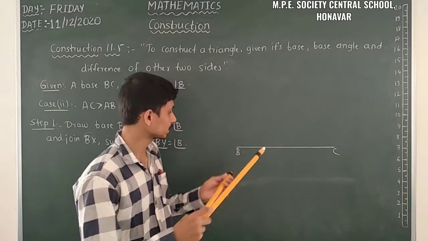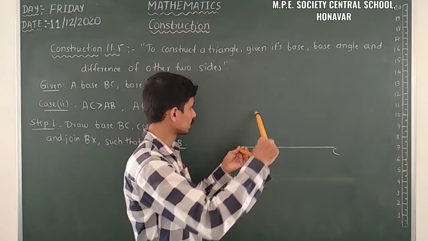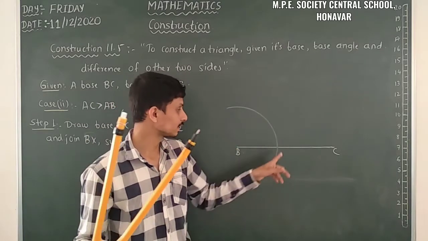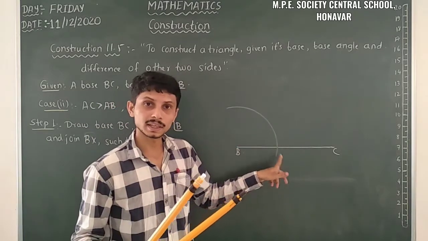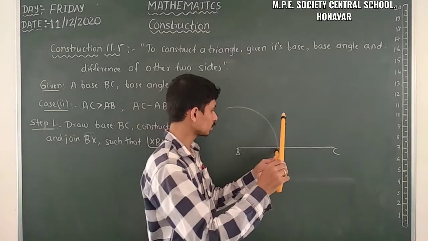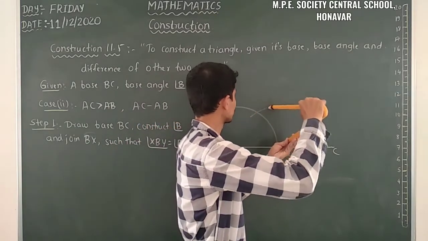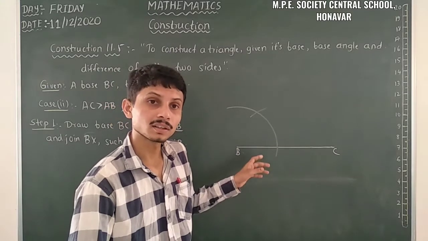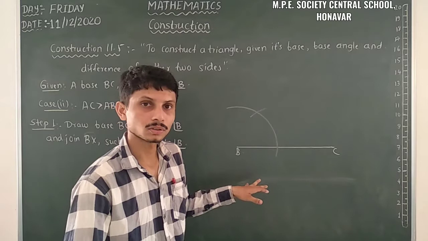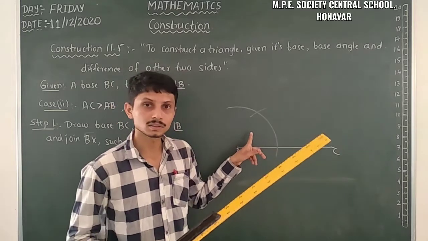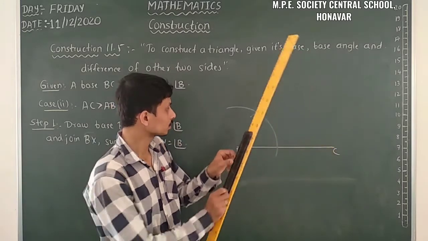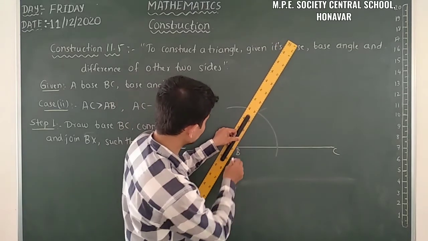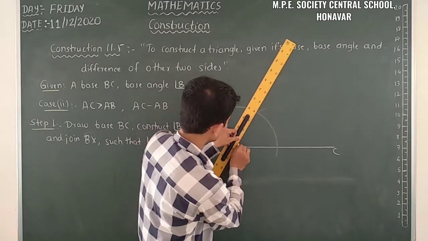So here I will draw a curve like this. It intersects BC at a point. Taking the same radius, you have to cut this line and mark this point here. There is no condition that you have to take less than 60 degrees, you can take any angle, but it is better to take up to 60 degrees. So here I will take a 60 degree angle like this.